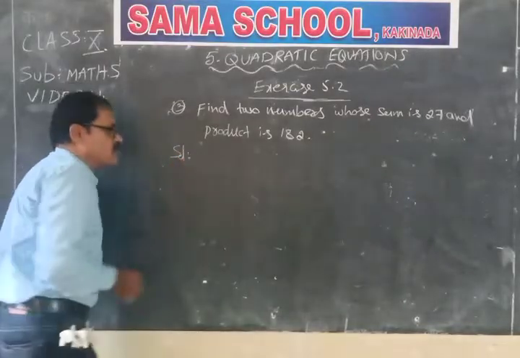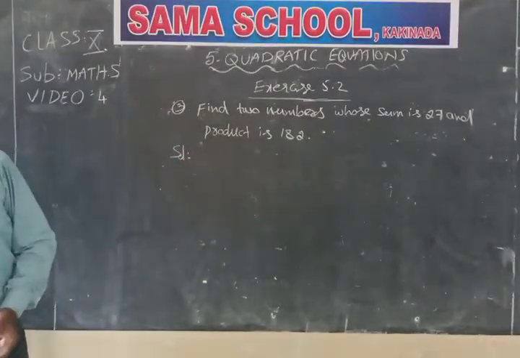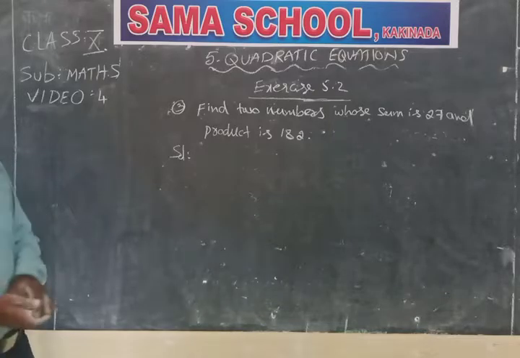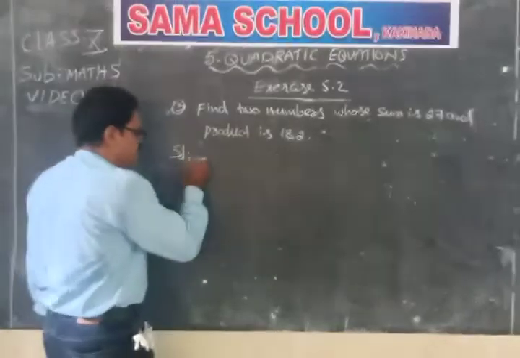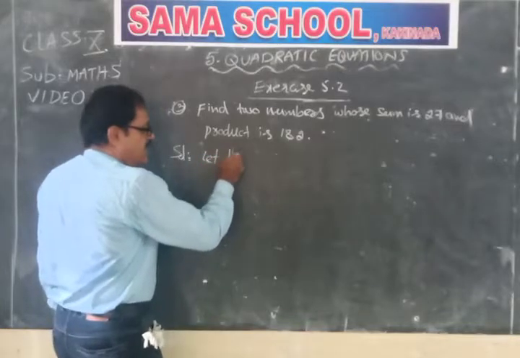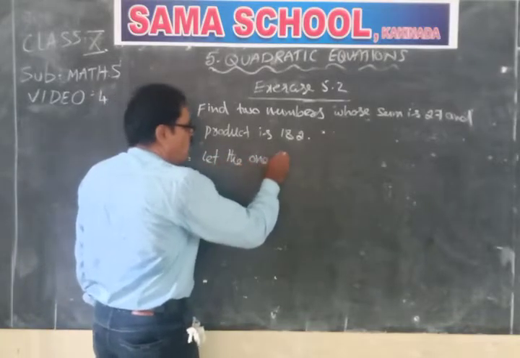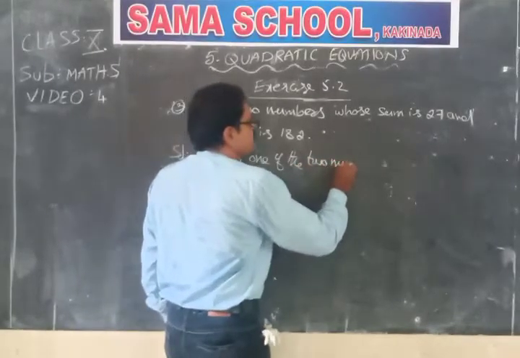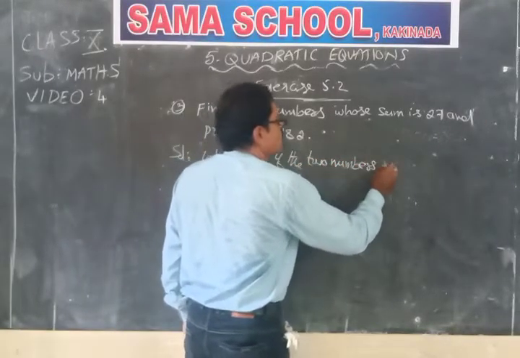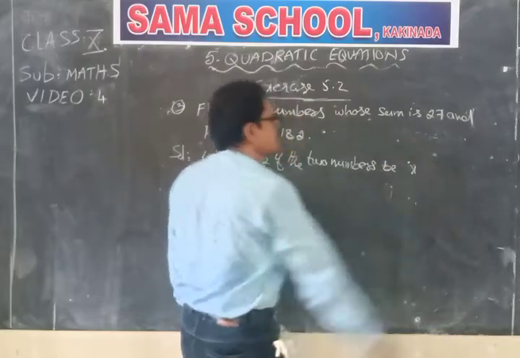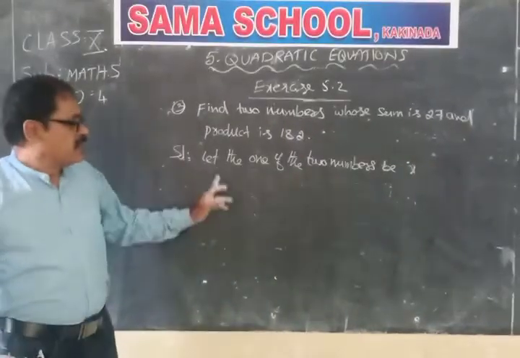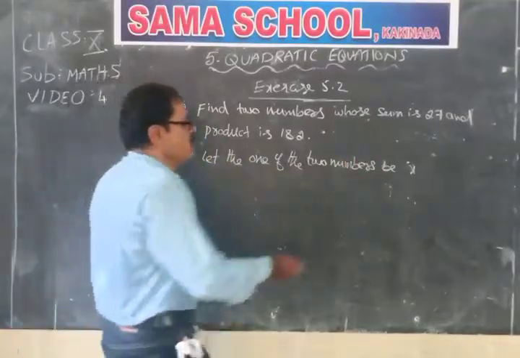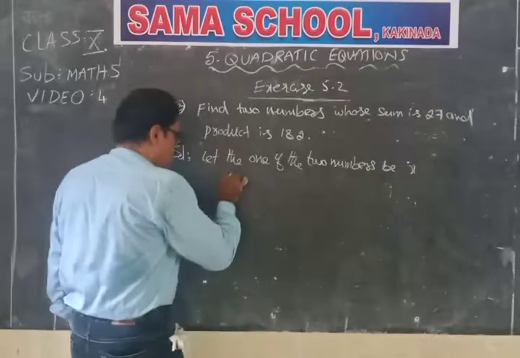Solution. Let us find out. Find the two numbers means, let one of the two numbers be x. Now what is the other number?